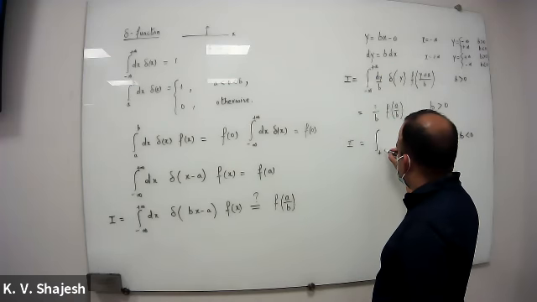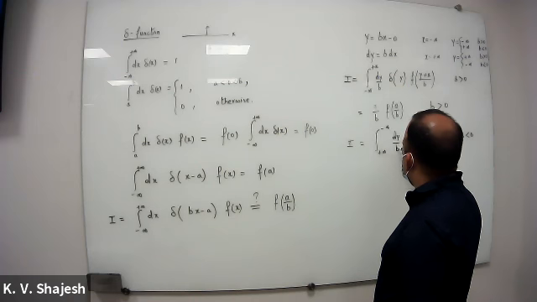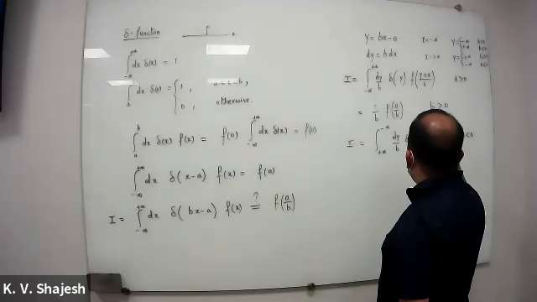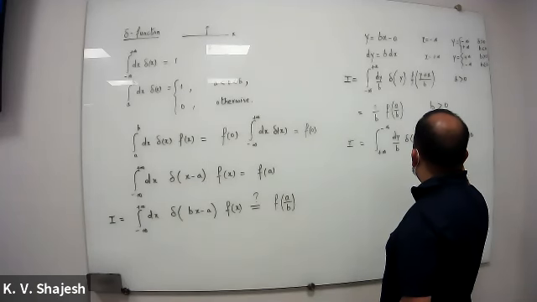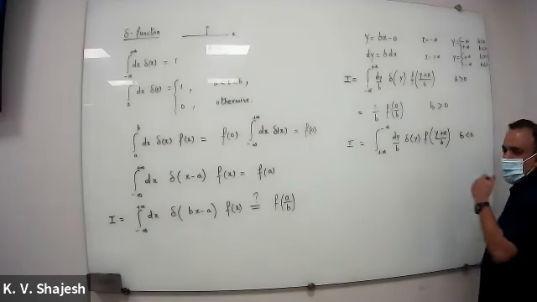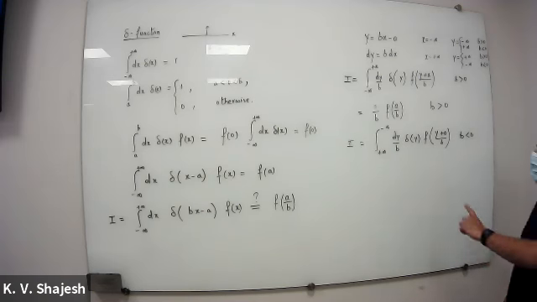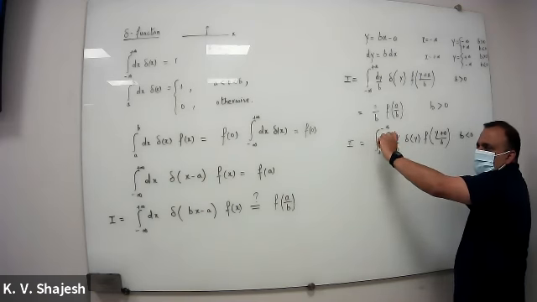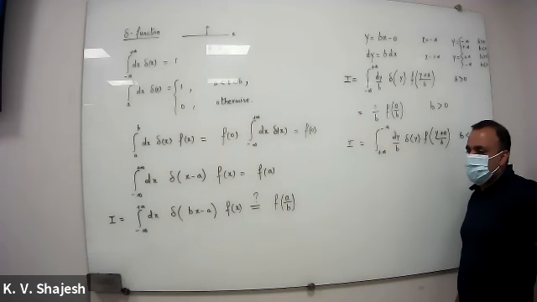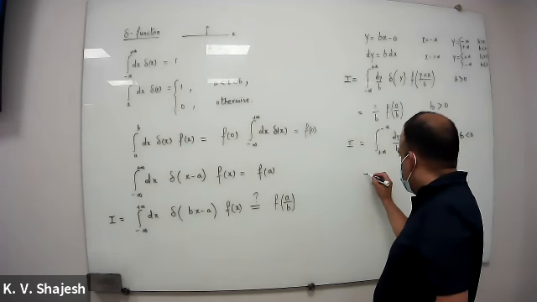So this is plus infinity to minus infinity, dy over b, of y, f of y plus a over b. Again, the delta function is evaluated the same way, but now you want to change the limits before it works. Changing the limits is equivalent to putting a minus sign.